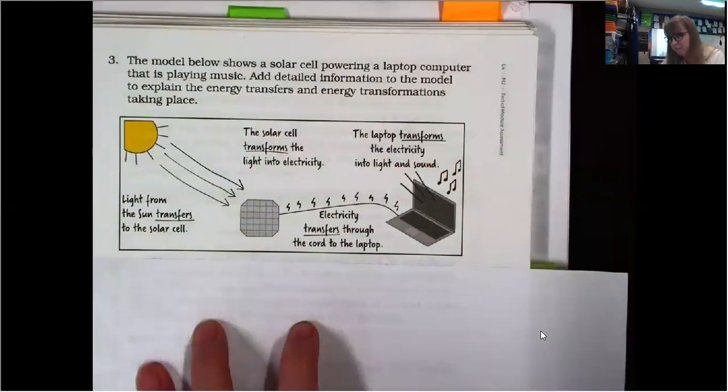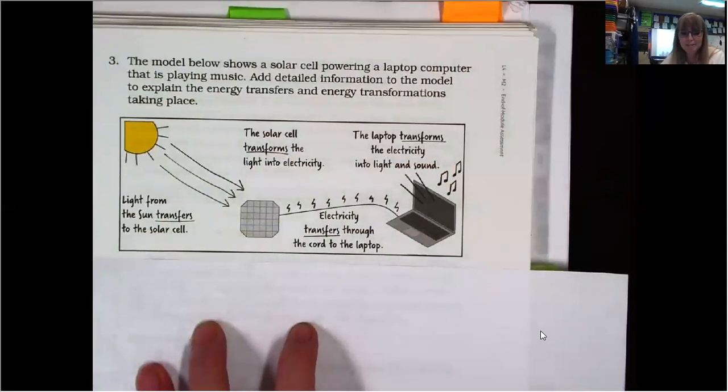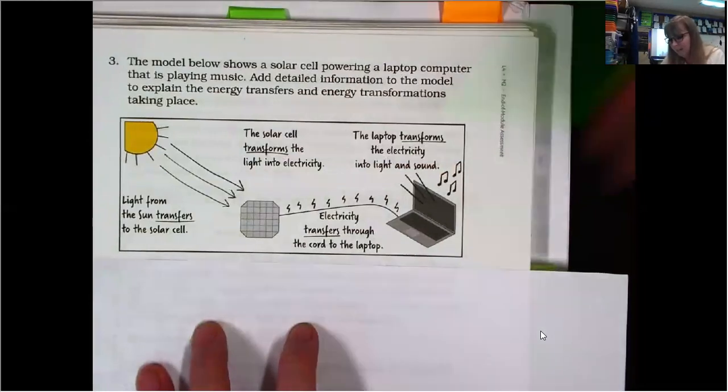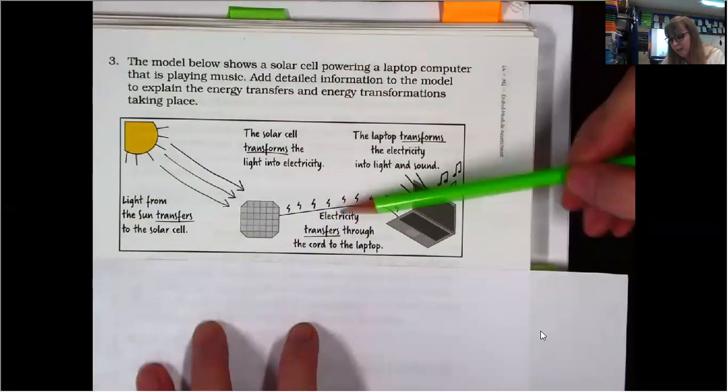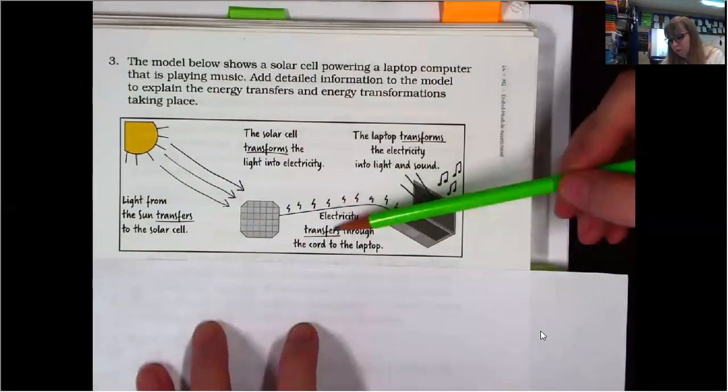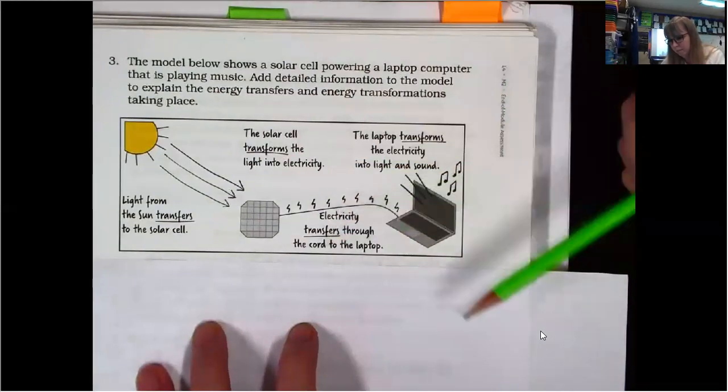We know it's going to transform it into light, otherwise you wouldn't be able to see the laptop to play your songs. Otherwise, it's going to be random songs popping up. You're going to want to choose your songs, right? So you have to have light. Electricity transfers through the cord to the laptop.